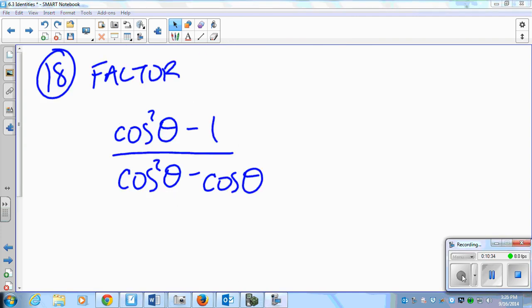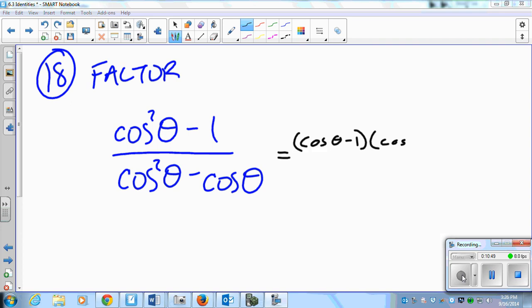So another strategy when working with these identities is to factor things out. When you factor this out, you'll see that we have difference of squares on the top. So I get cosine of theta minus 1 and cosine of theta plus 1 on the numerator.